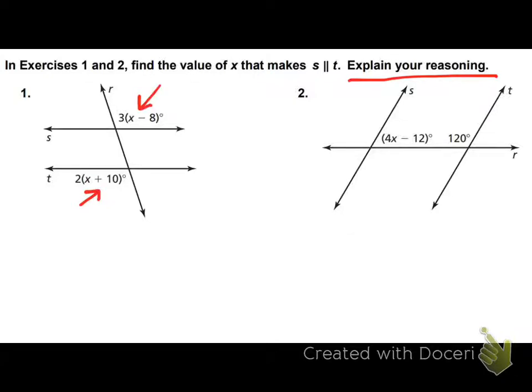They're alternate exterior. So what would alternate exterior angles have to be in order for S to be parallel to T? They would have to be congruent. So what are we going to do to solve for x? Set them equal. 2 times x plus 10 equals 3 times x minus 8.